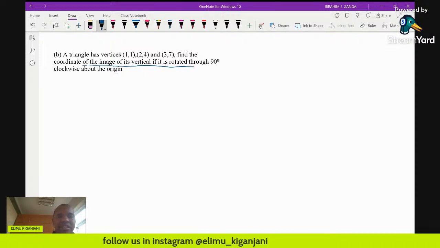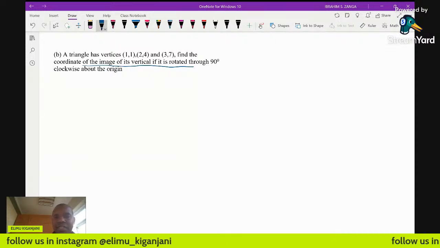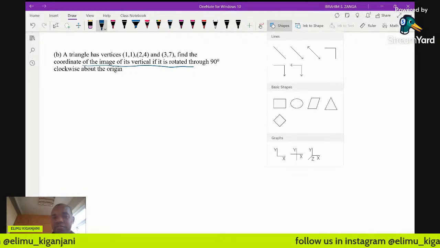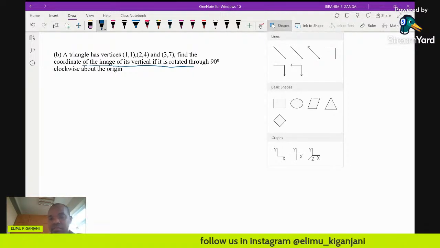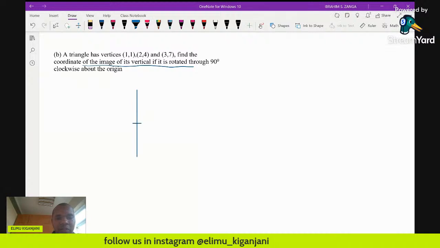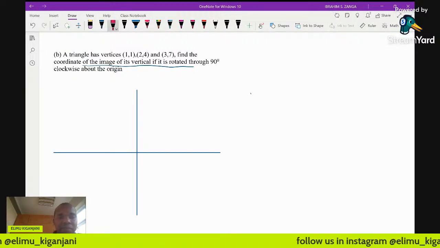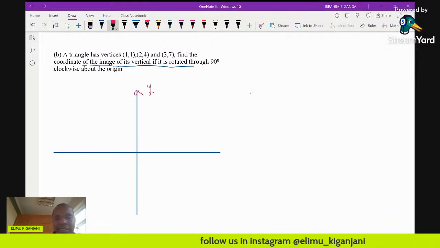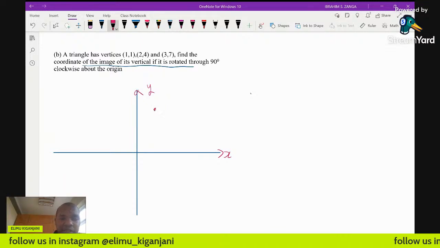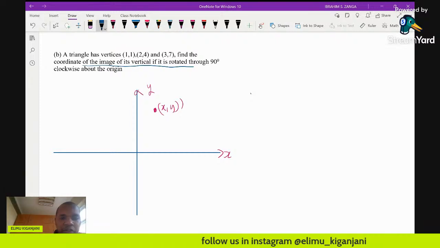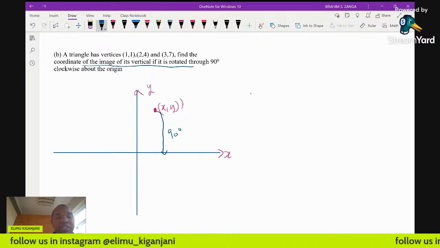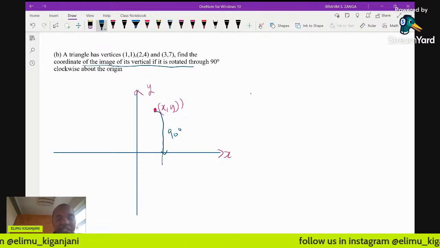So let us first of all create the foundation. This is the y-axis, x-axis. If you are rotating a point, we call it point (x, y), by 90 degrees, after rotation the point is expected to change.